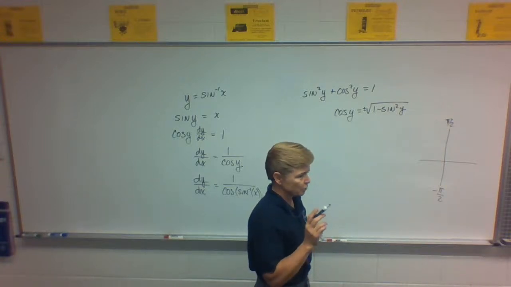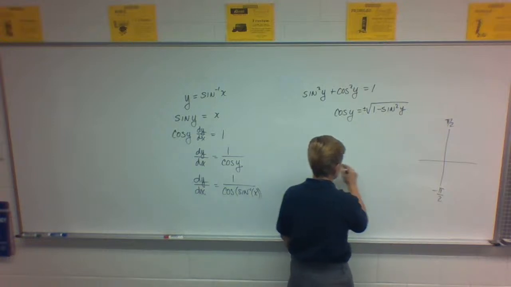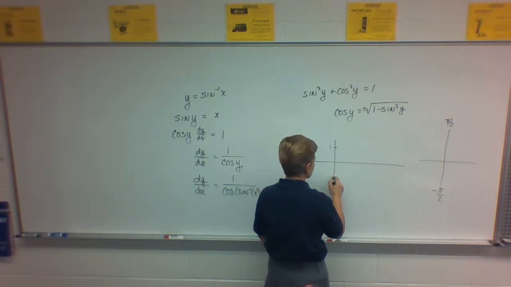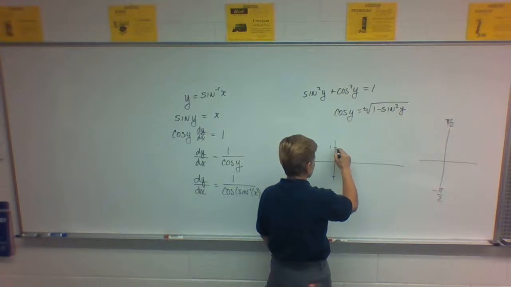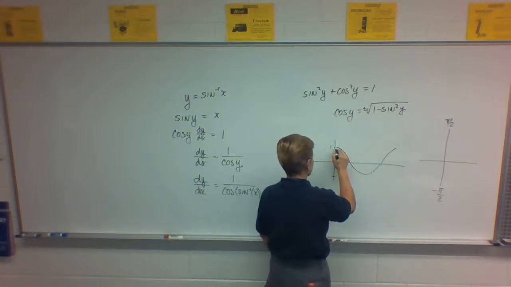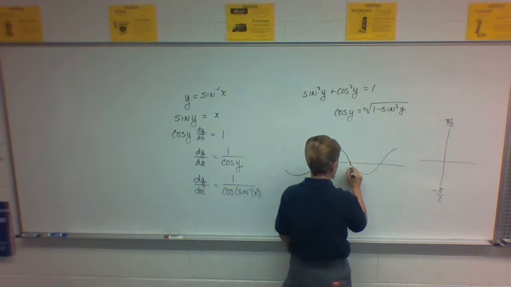But now think about this with me for a minute. Look at the cosine curve, which starts up here, right? Just regular old cosine starts here, and it goes down like this, comes back up kind of like a dessert cup. Same thing over here. And this is pi halves, negative pi halves, and this is pi halves.